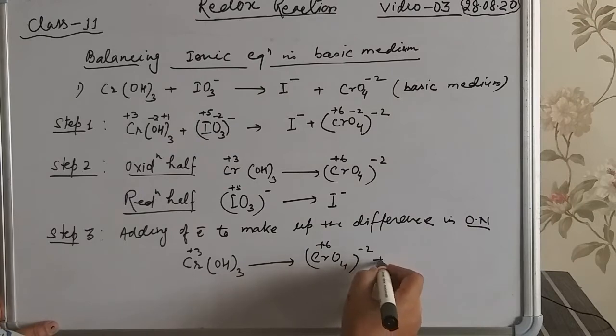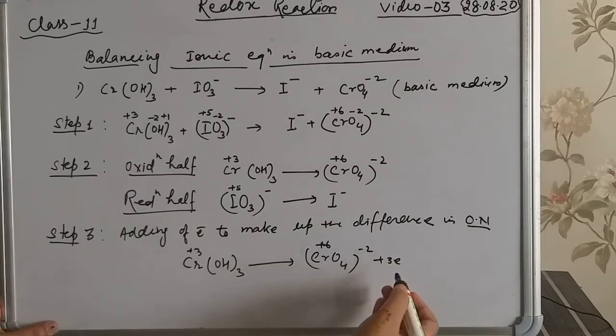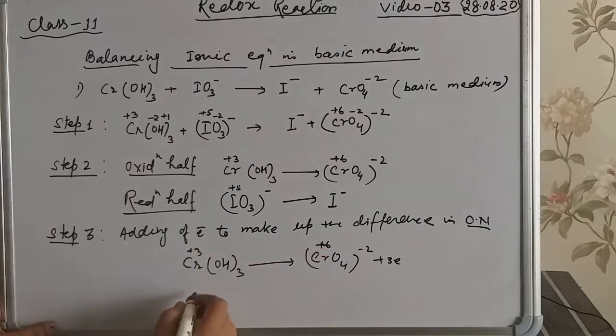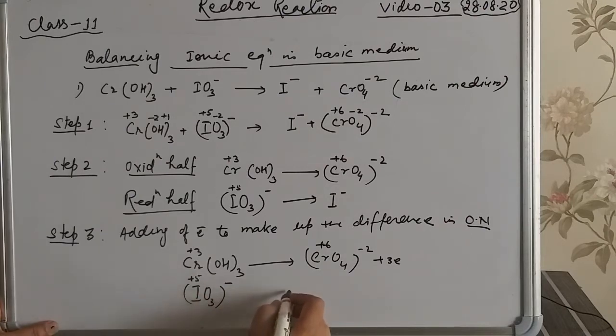If we put 3 electrons on this side, we can balance the charge on the chromium. In the case of IO3 minus, the +5 on the iodine goes to -1. So how many electrons are added on this side? 6 electrons, so that both charges become equal.